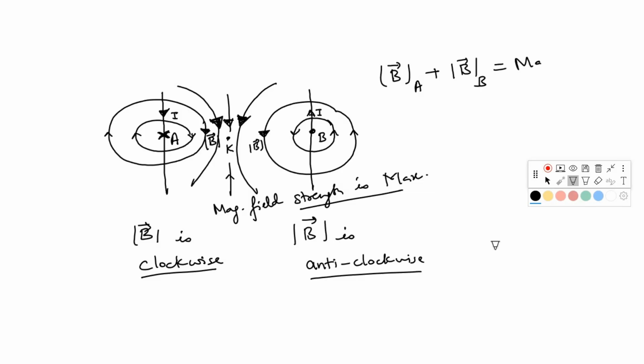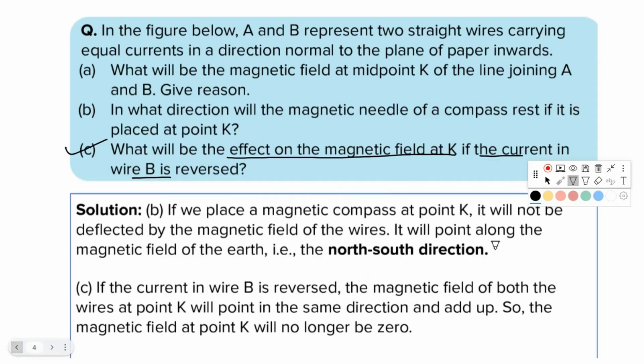So at point K, field strength should be more. But the condition is also there that the distance between the conductors should be less. So that is the answer to the third one, C bit. So if current in wire B is reversed, the magnetic field of both wires at point K will point in the same direction and add up. This is important. They add up.